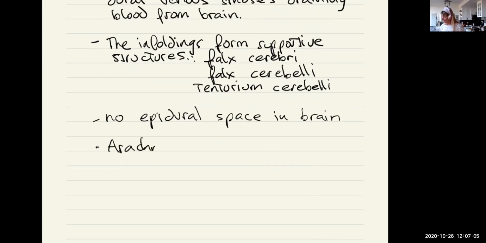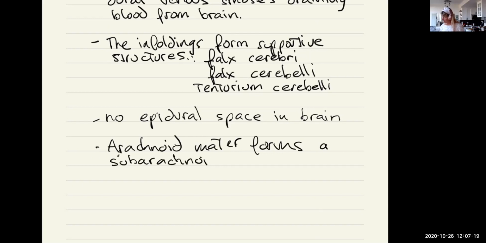The arachnoid mater forms a subarachnoid, sub meaning below, network of fibers through which cerebrospinal fluid flows.